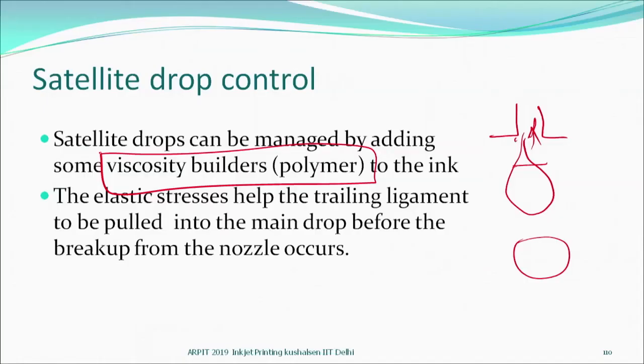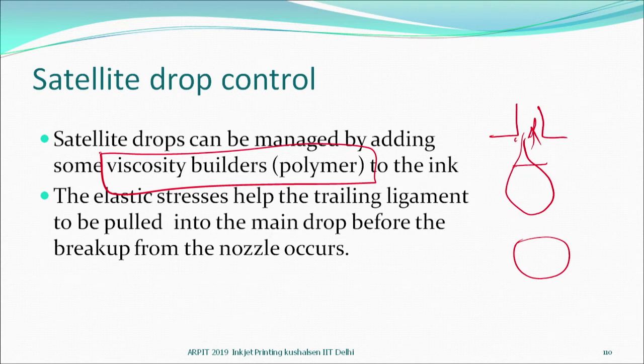But a little bit of addition of a viscosity builder, which is obviously a polymer, to the ink can reduce the satellite drop formation, because the elastic stresses help the trailing ligament to be pulled into the main drop before the breakup from the nozzle occurs.